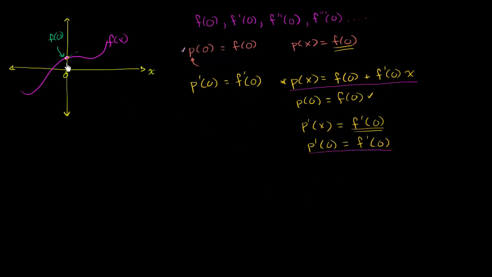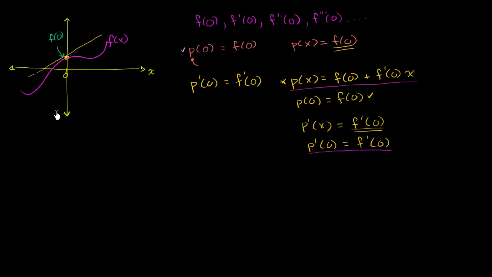So this new polynomial with two terms is getting a little bit better. It will look something like that. It'll look like a tangent line at f of 0, at x is equal to 0. So we're doing better, but still not a super good approximation. It kind of is going in the same general direction as our function around 0.